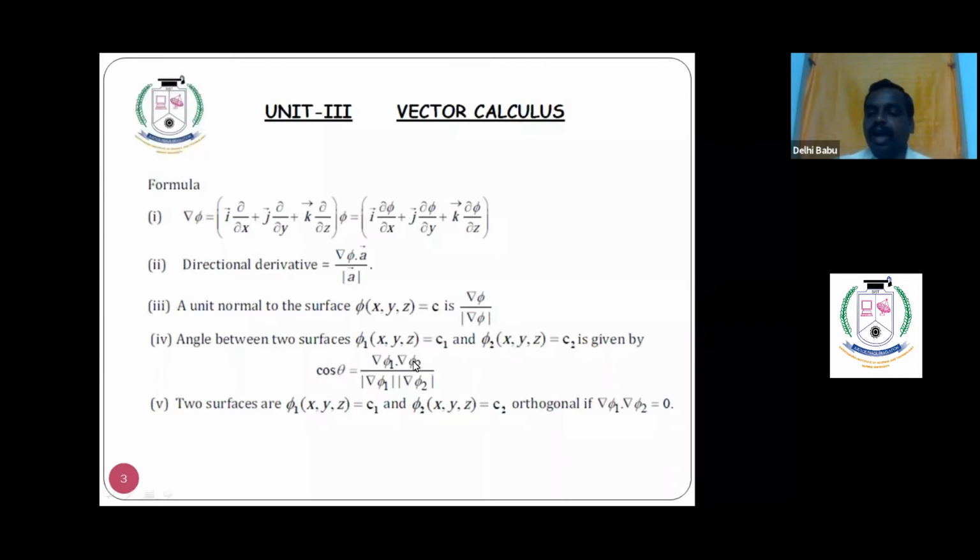It is also written cos theta equal to n1 cap dot n2 cap, where n1 cap is the unit normal vector of the first surface and n2 cap is the unit normal vector of the second surface.